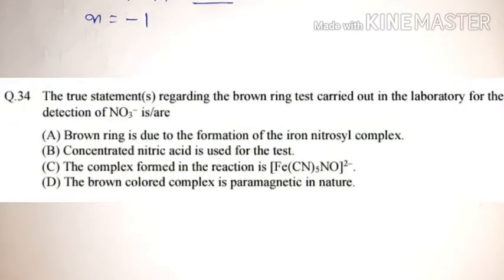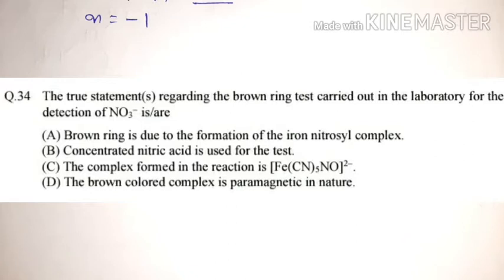And see, it says the true statements regarding the brown ring test carried out in the laboratory for the detection of NO3 minus is or are, and we have 4 options A, B, C, D. Friends, this is a multiple select question, and in a multiple select question you know very well that we should select more than one option as a correct answer.